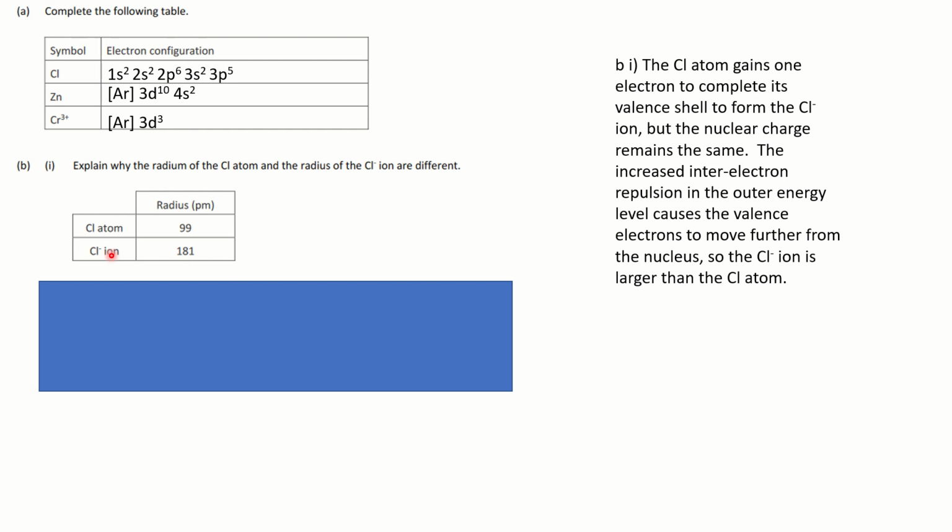The increased inter-electron repulsion in the outer energy level causes the valence electrons to move further from the nucleus. By that we mean there are more electrons, each of them with a negative charge, in the valence shell, and those negative charges repel each other, causing the electrons to be further apart, making the radius bigger. And so the Cl- ion is larger than the Cl atom.